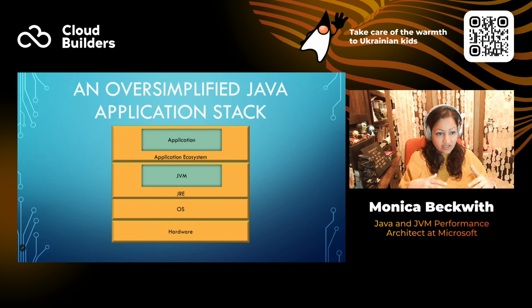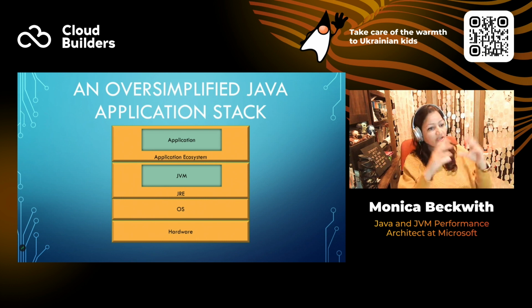And then you have the operating system. Of course, you can have all this in a container. You could have the container in the cloud. But eventually, you have the operating system and the hardware. If you are in the cloud, your operating system could have host and guest OSs and stuff like that. But a very simplified stack will look exactly like I've shown you here.